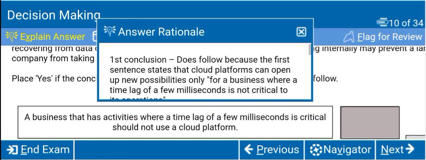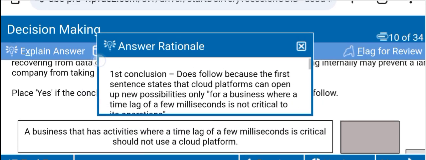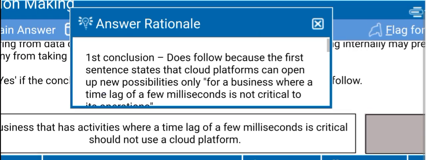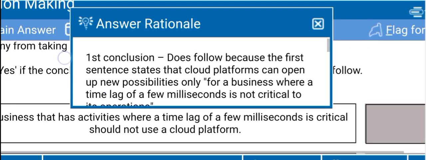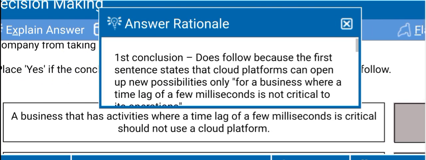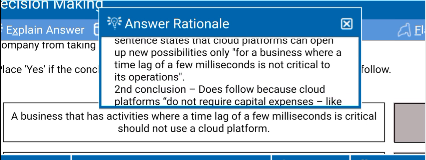So the first conclusion, it does follow because the first sentence states that cloud platforms can open up new possibilities only for a business where a time lag of a few milliseconds is not critical to its operations.